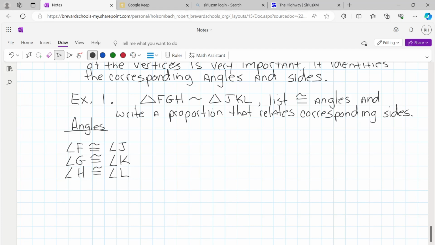Second part is the proportion. And here's what your proportion is going to look like. I'm going to take the first two letters of the first triangle, FG, and I'm going to put it in the numerator over the first two letters in the second description, JK.